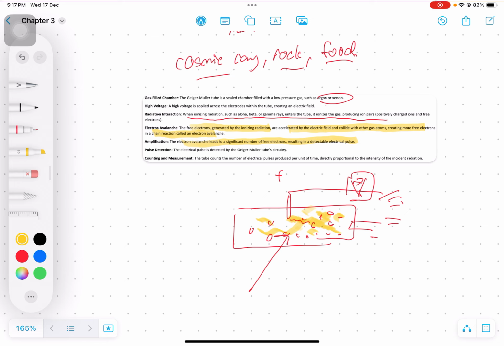The positive will connect to the negative and detect a pulse. More electrons means a bigger pulse, meaning high ionizing power. If there are a lot of alpha particles, there will be higher detection. We count the number of electron pulses, proportional to the intensity of radiation. We call it the count rate, how much radiation we count using this Geiger-Müller counter.